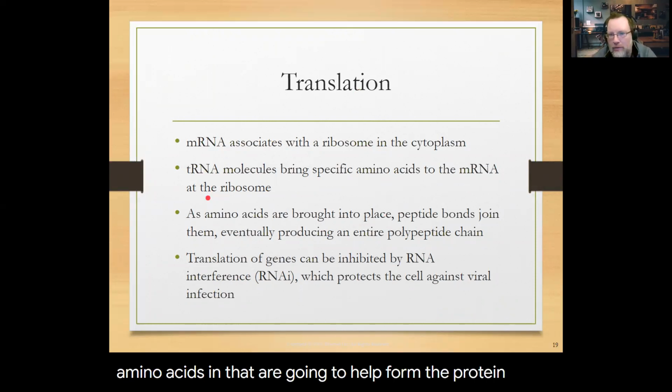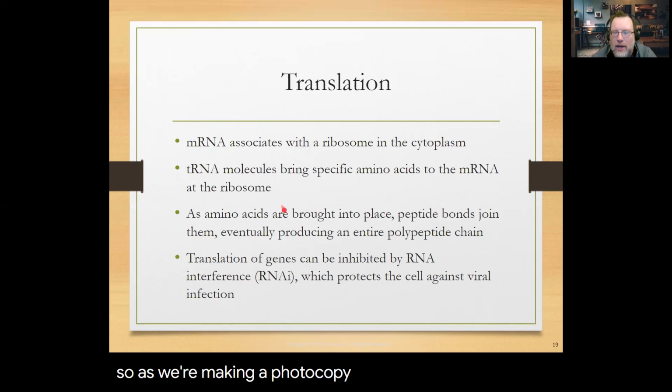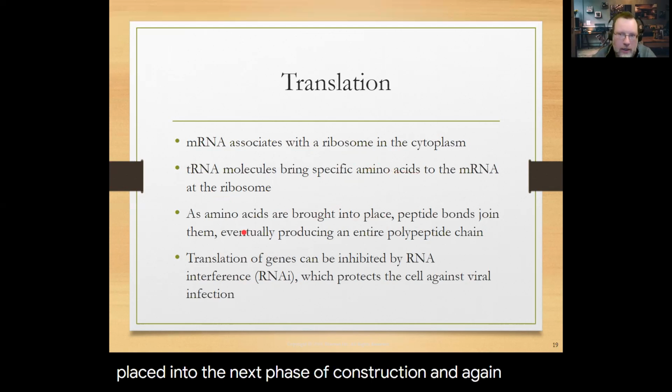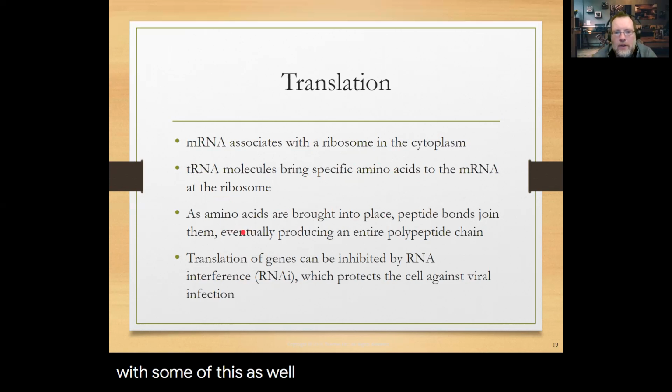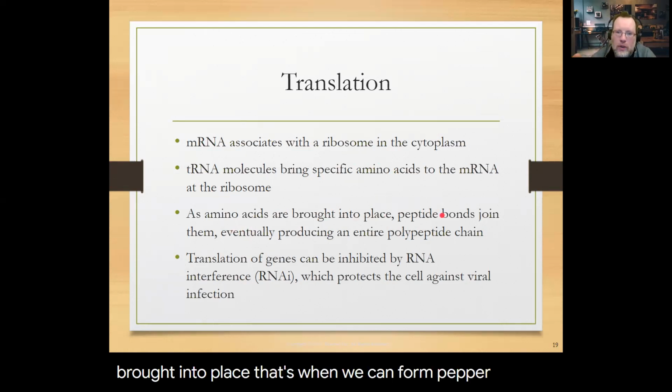So as we're making a photocopy, the transfer RNA helps with transferring the product and getting it ultimately placed into the next phase of construction. And again, rough ER is going to help with this. Golgi apparatus gets involved with some of this as well. Okay, so as these amino acids get brought into place, that's when we can form peptide bonds. That's where we ultimately form a polypeptide chain.